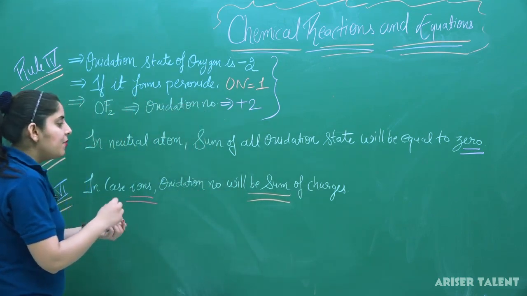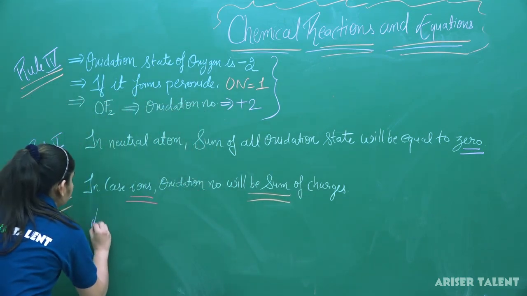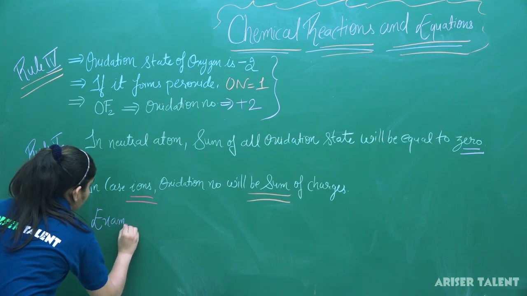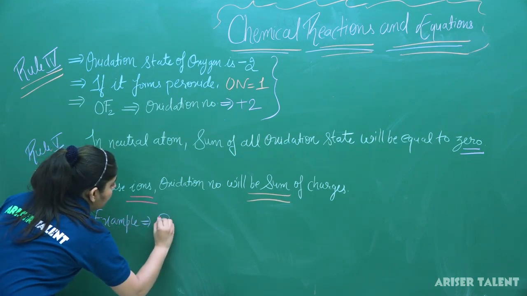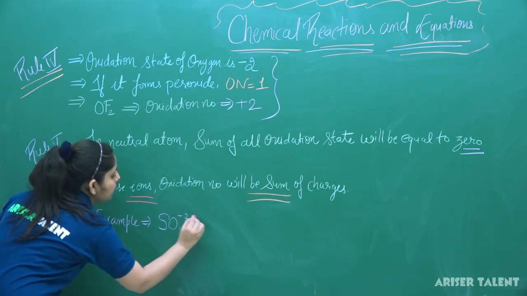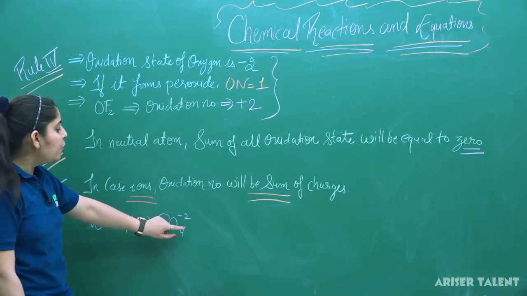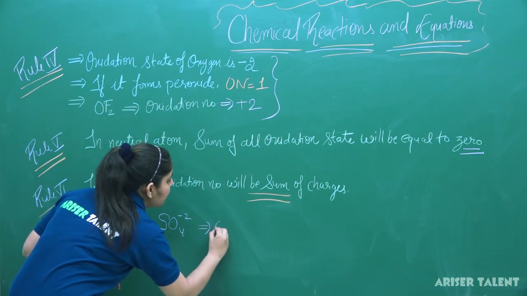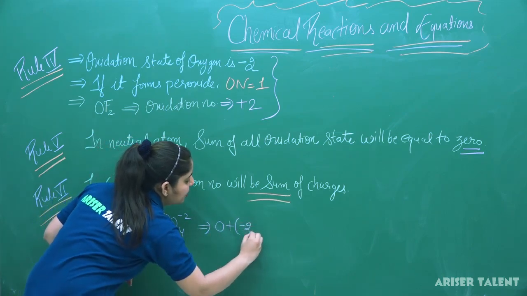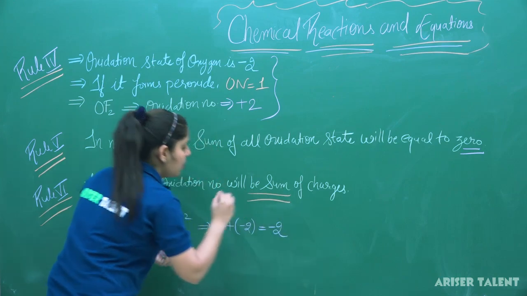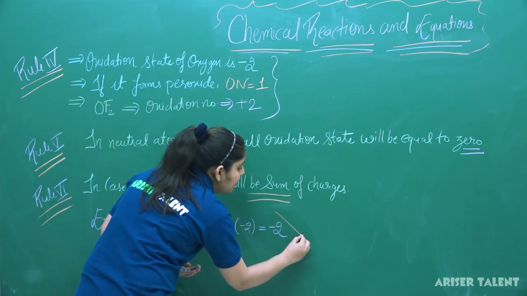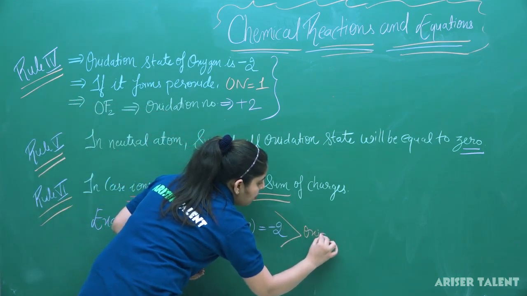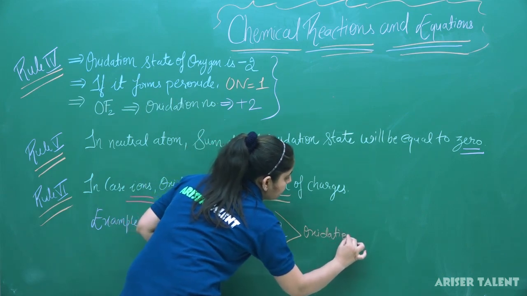So, for this category, we have an example, that is SO4 2-. This is sulfate ion. If I want to calculate the oxidation number of sulfate ion, it will be the sum of the charges, that is 0 plus -2, and it is equal to -2. So for sulfate ion, the oxidation number is -2.